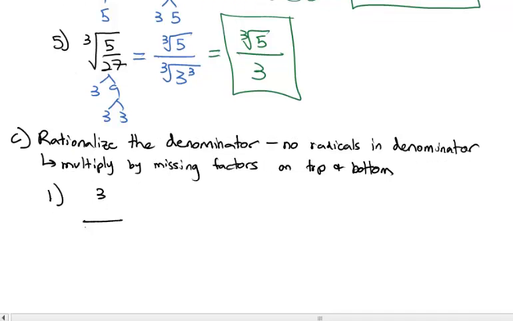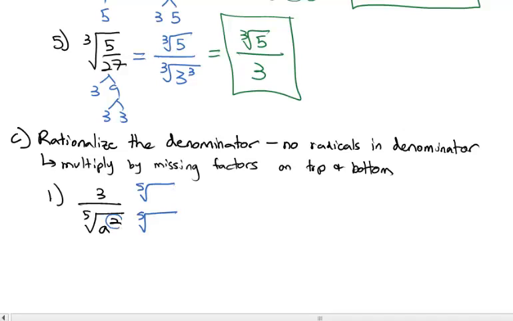If we've got 3 over the 5th root of a squared, we don't like that 5th root in the denominator. So what we're going to do is multiply by a 5th root in both the numerator and denominator that has all the missing factors to get rid of the 5th root in the denominator.